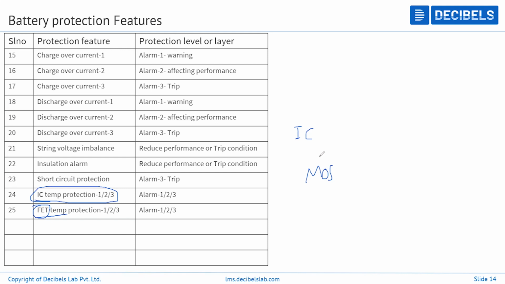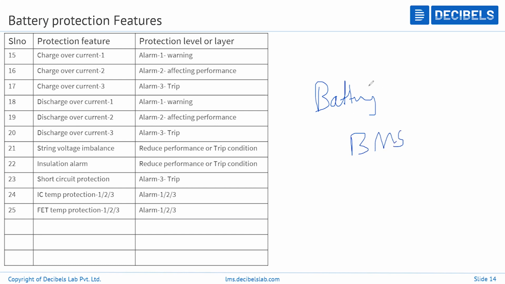Because of the dissipation of heat, those also have some temperature limitations. When they reach their max value, the BMS will stop working, a trip condition. So all these features are developed for battery protection, for the vehicle level, and even the components at the BMS level.